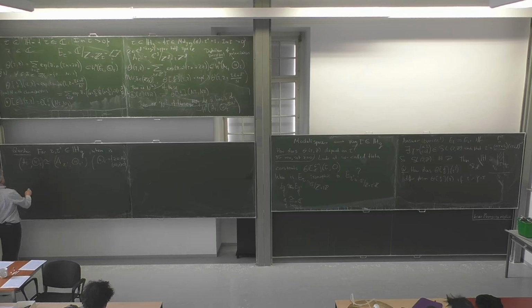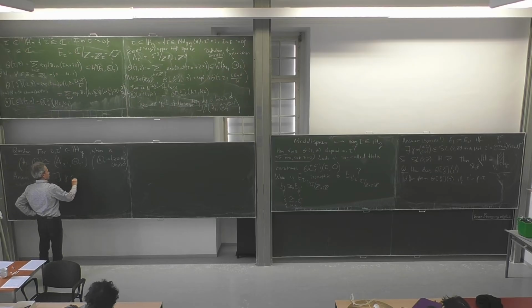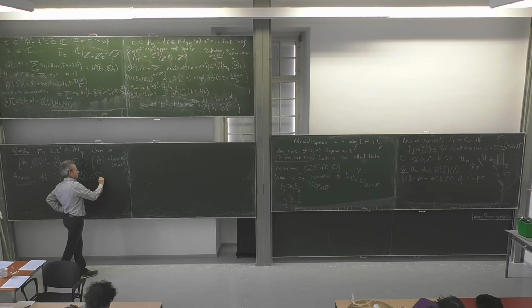Okay, and the answer is, that's a serious exercise. If and only if there exists gamma, which I'll write as A, B, C, D, in the symplectic group with integral coefficients.